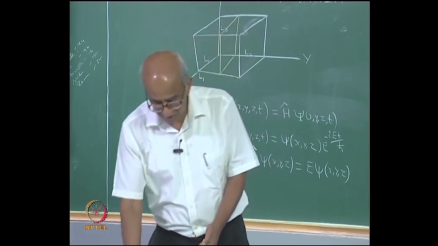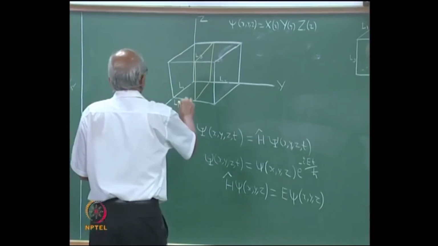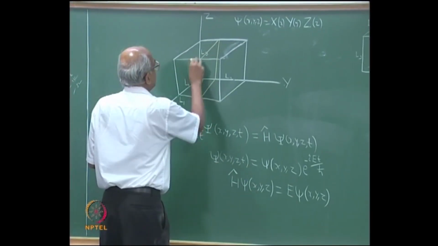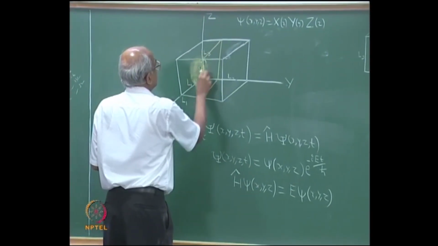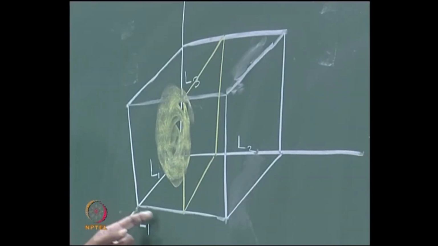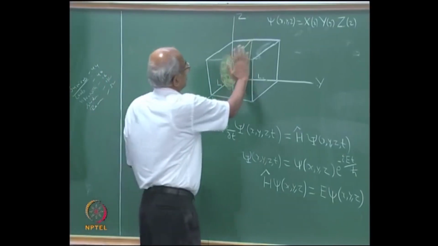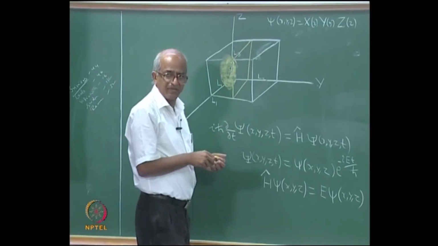On the plane the function will be 0, which means on the other side the function is going to be negative. Therefore, if I represented this function by shading, how would it look? I would have a density for the function here, meaning the value of the function is large in this region. On the surface of this box, the function has to vanish.